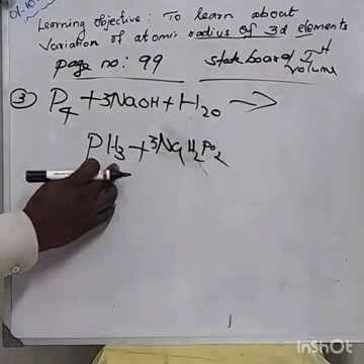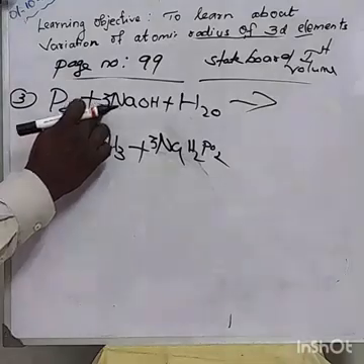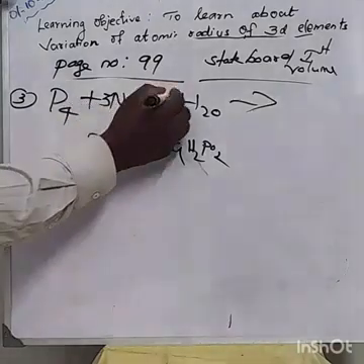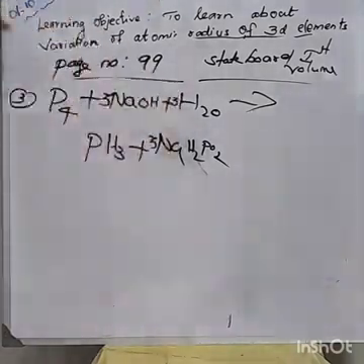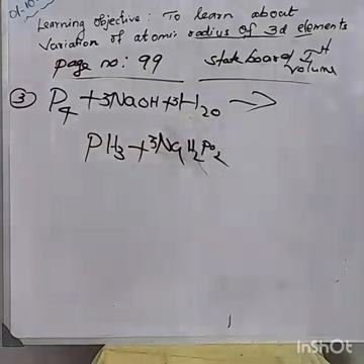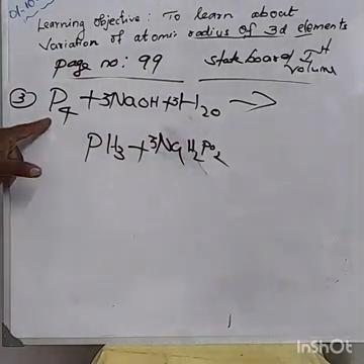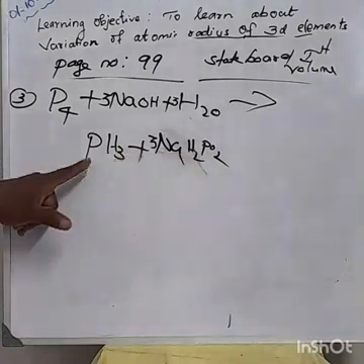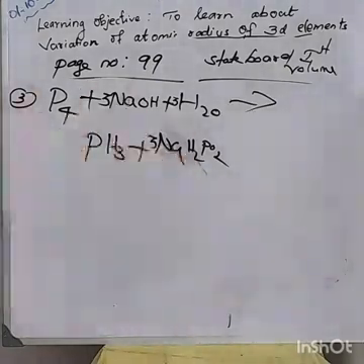So how can you balance it here? 9 means here 3 over. Then make it 3. So 3 2s are 6. Now the equation is balanced. Clear? Phosphorus 4, here also phosphorus 4.